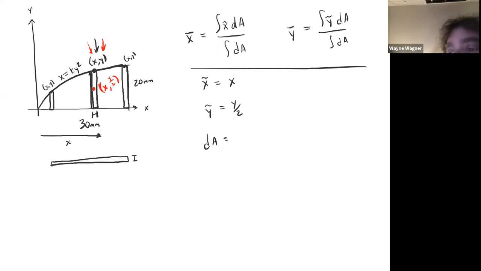So it's y from here to here, and it's x from here to here. That's how the coordinate system works. So in this case, the width of it is dx and the height of it is just y. That's the area of that rectangle.